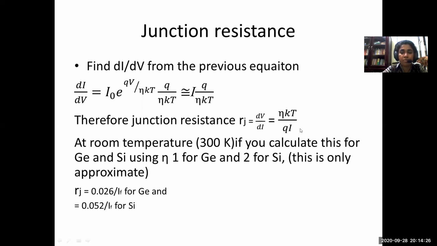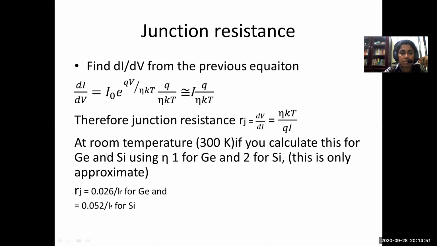Now, in this equation, most of these terms are constants: eta is 1 or 2, K is the Boltzmann constant, 1.38 into 10 raised to minus 23, and T is a variable, I is a variable, q is the charge of electron, 1.6 into 10 raised to minus 19 coulomb.